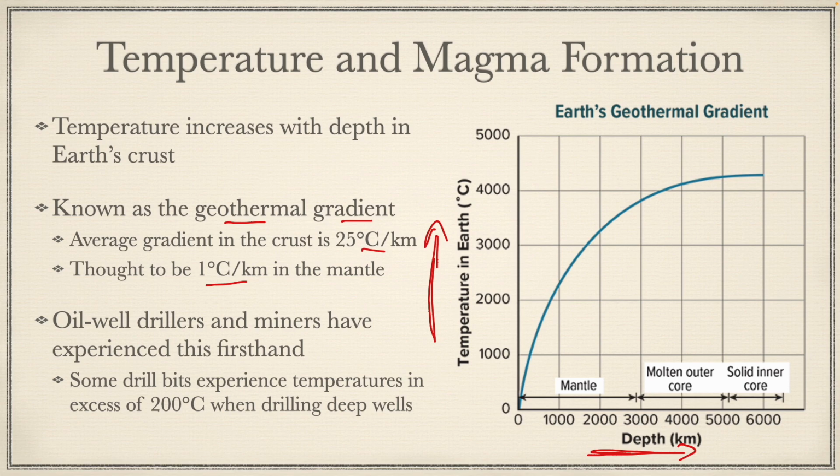This shows that as you go deeper into the earth, the temperature does increase. It increases pretty rapidly at first, and then as you get closer to the core, it starts to even out and get flatter, maintaining one stable temperature.